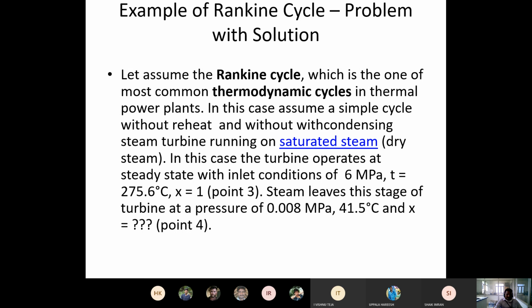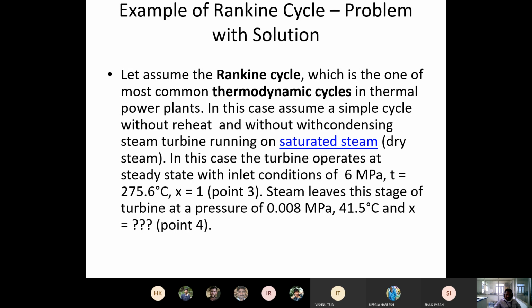What is the pressure of the steam at which the turbine is operating? In this case, the turbine operates at a pressure of 6 megapascal and saturation temperature 275 degrees centigrade, and X is equal to 1. He mentioned dry and saturated steam.